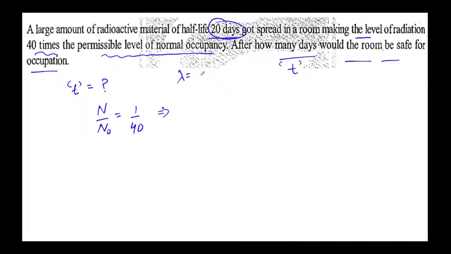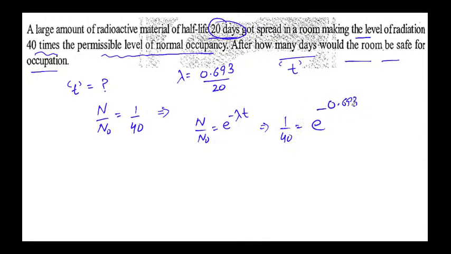From that you can find the value of lambda, that is 0.693 over 20, and using the relation N over N naught equal to exponential of minus lambda t, you can find the value of t. So N over N naught equal to 1 over 40 is exponential of minus 0.693 over 20 into t.